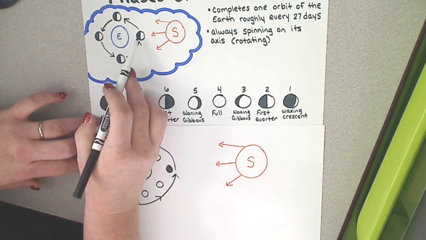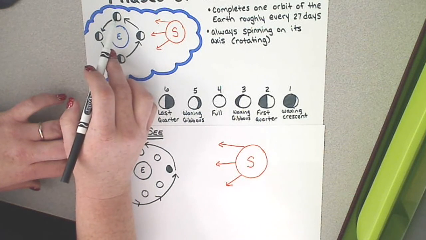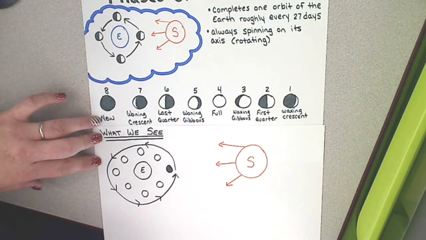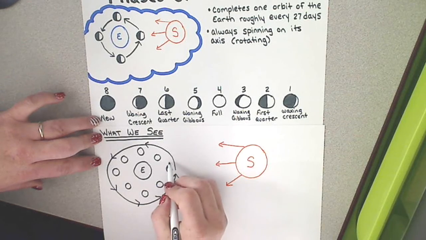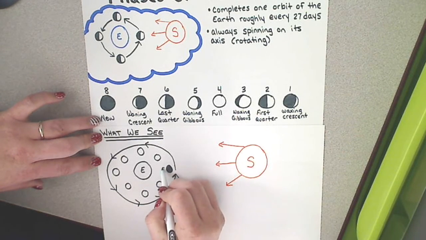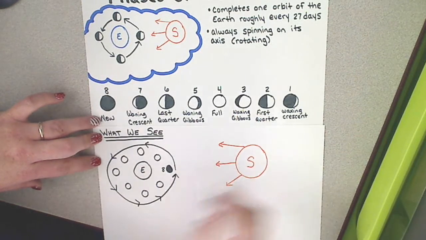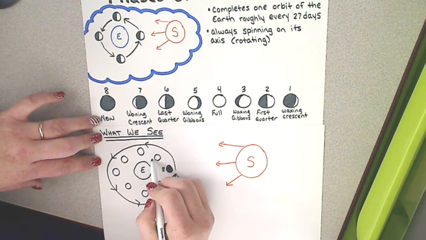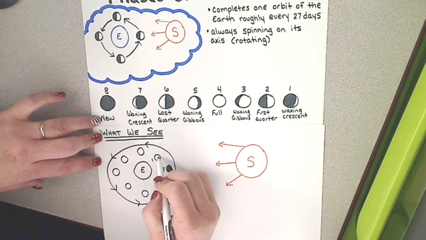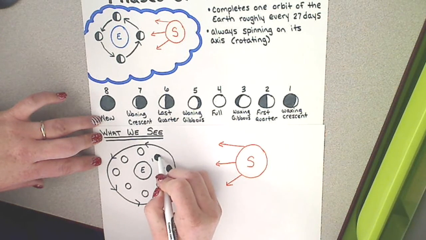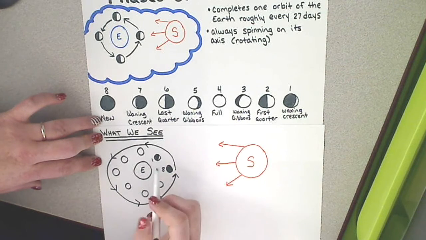Now, as the moon moves position, we're going to start seeing a little bit of light. So this is position 8. Now we're going to move into position 1. And position 1 was that waxing crescent. So we start seeing a little bit of light on the moon, not a lot.